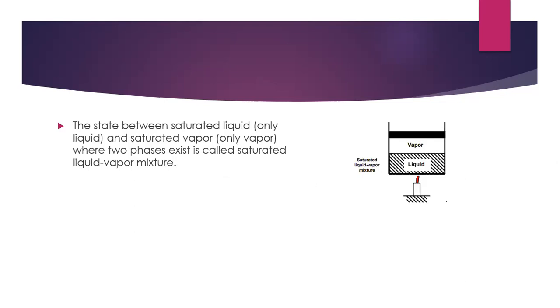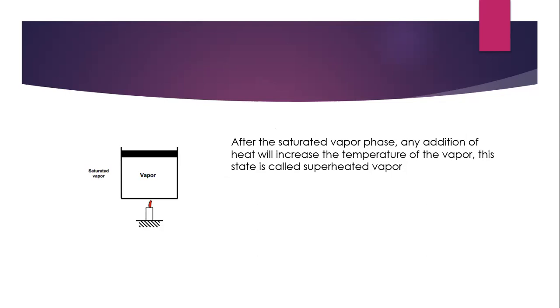The state between the saturated vapor and saturated liquid we call the saturated liquid-vapor mixture. After forming saturated vapor, any further addition of heat will increase the temperature of the vapor, and finally we call that state superheated vapor.